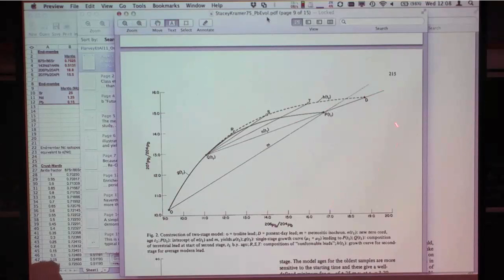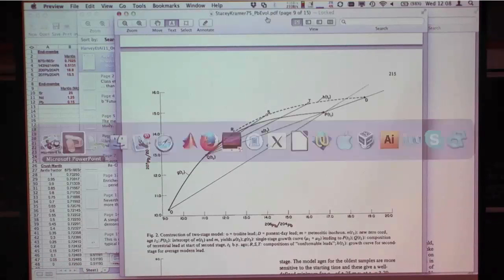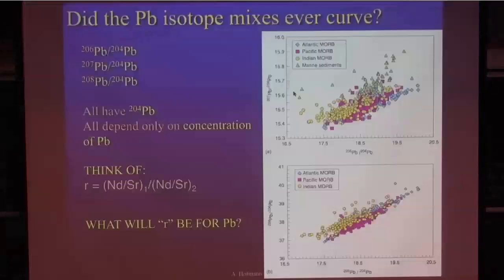So with lead, it becomes a little bit of a harder task to interpret whether a linear trend is actually a mixing trend or an age effect. So in that case, you probably want to look at some of the other isotopes as well to make sure that whatever you choose is actually what's going on.